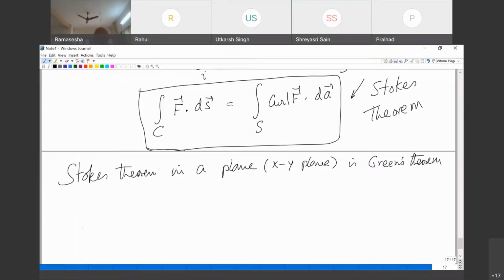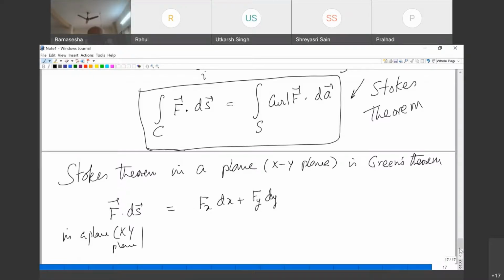How do you get that? So in a plane, which is the xy plane, f dot ds is equal to fx dx plus fy dy, right?